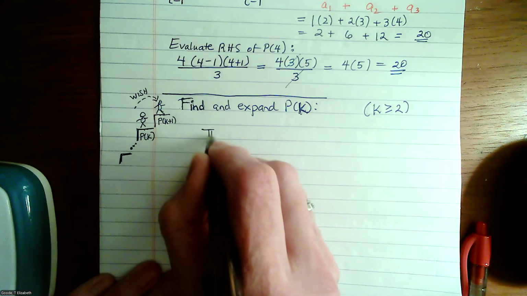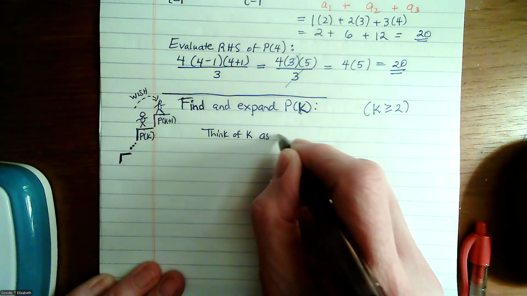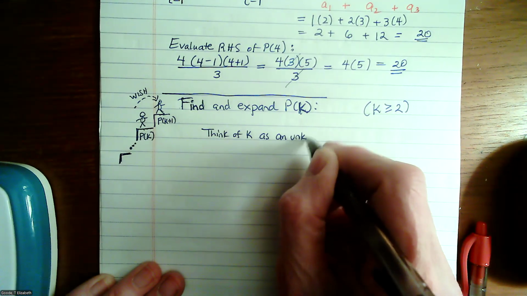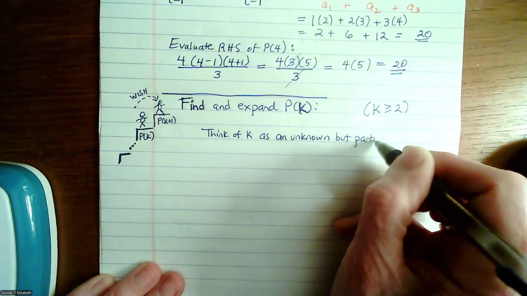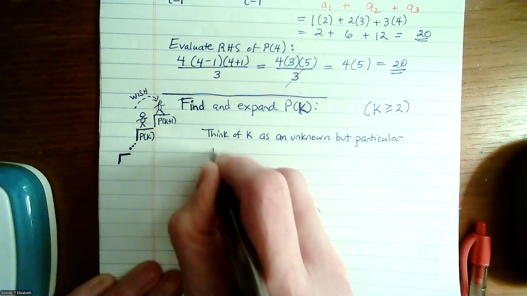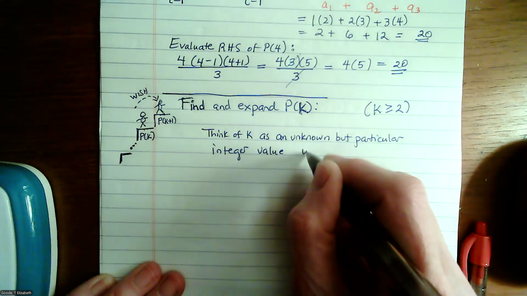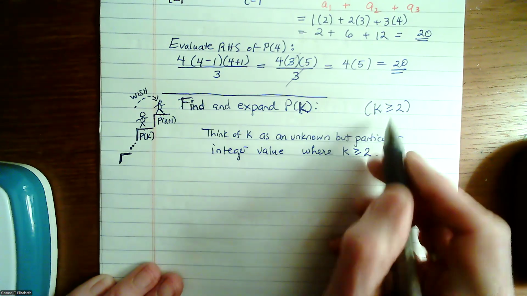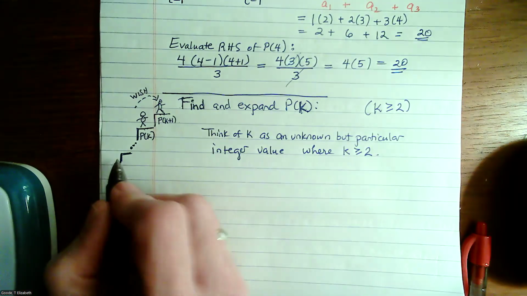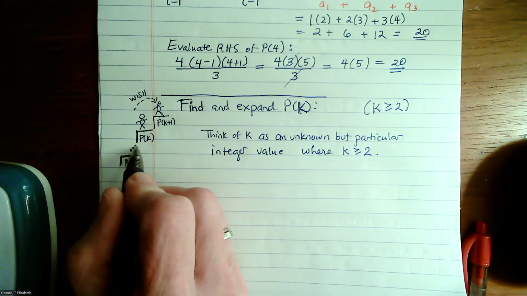So think of K as an unknown but particular integer value where it's at least as big as 2. We have to let it equal 2 because if we're standing on this bottom step, P of 2, we need to be able to get off of it to the P of 3.